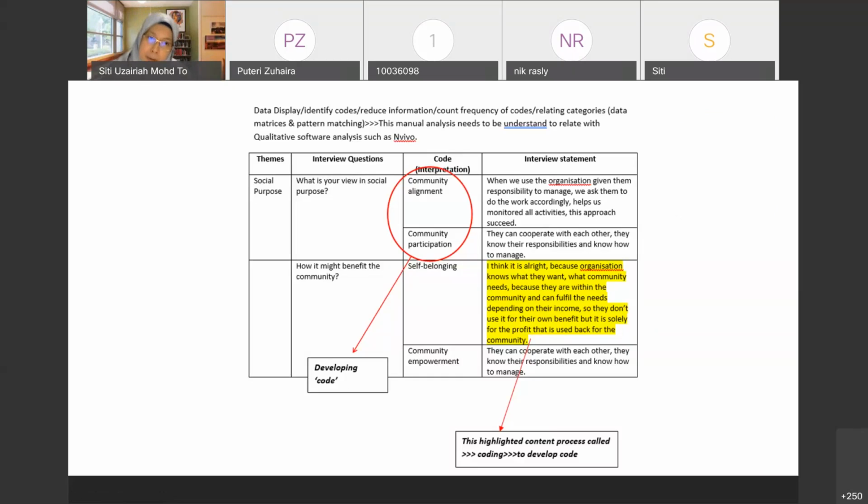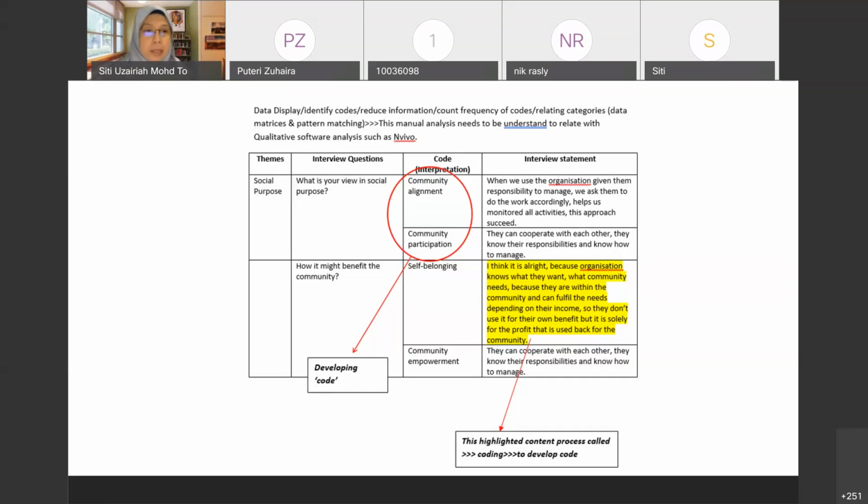Is it possible for you to do it manually? I don't think so. So it is always good to have software to help you manage and analyze data. The same goes with quantitative, which definitely has software. Qualitative also has software, for example NVivo or Atlas.ti.